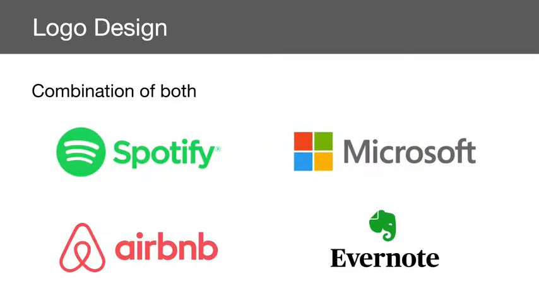Here are some of our well-known companies that use both the logotype and the mark. These can sometimes be separated and used independently of each other, depending on the branding materials they're producing, or they can be used together as a whole. So it kind of goes both ways.